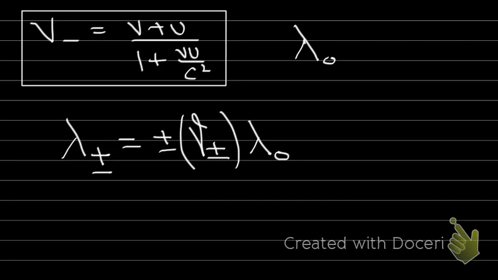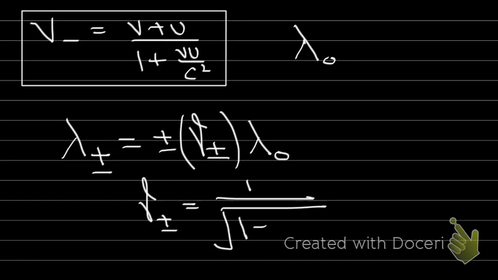Here gamma plus minus is the usual Lorentz factor, defined with plus minus velocities, so 1 over the square root of 1 minus v plus or minus squared over c squared, right? So now this is your Lorentz factor.